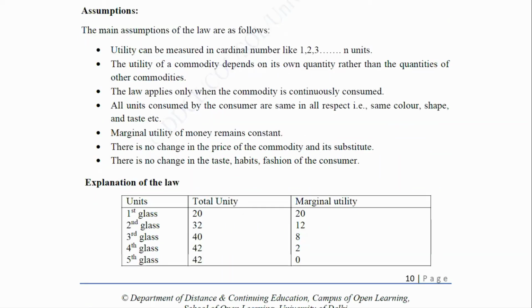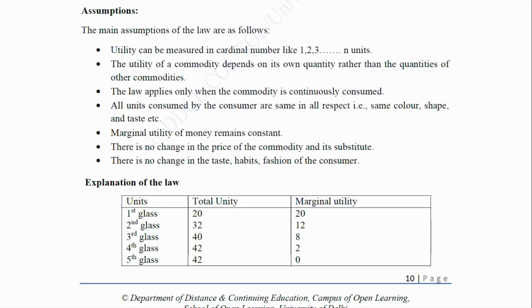Assumptions. The main assumptions of the law are as follows. First, utility can be measured in cardinal numbers like 1, 2, 3 and so on. Second, the utility of a commodity depends on its own quantity rather than the quantities of other commodities. Third, the law applies only when the commodity is continuously consumed.